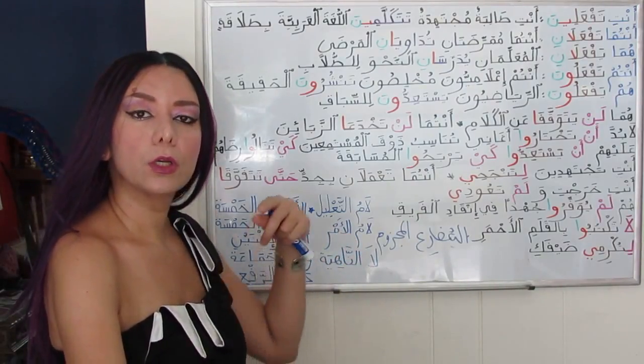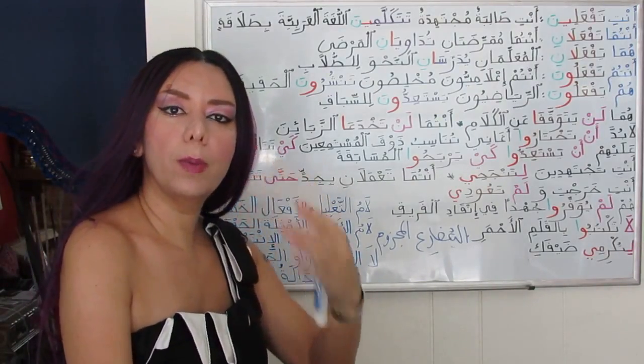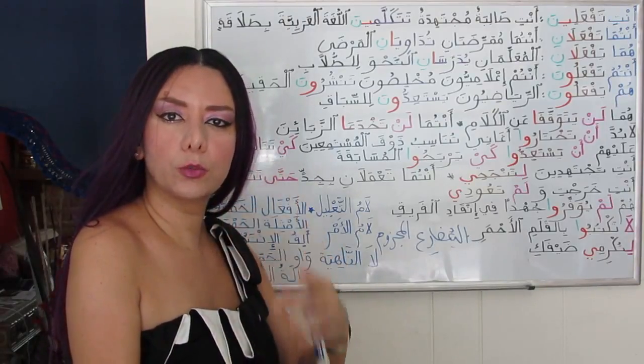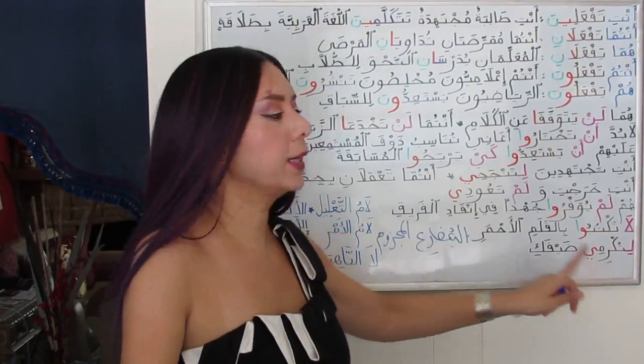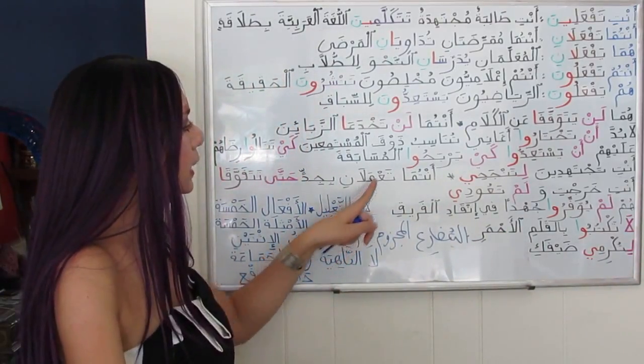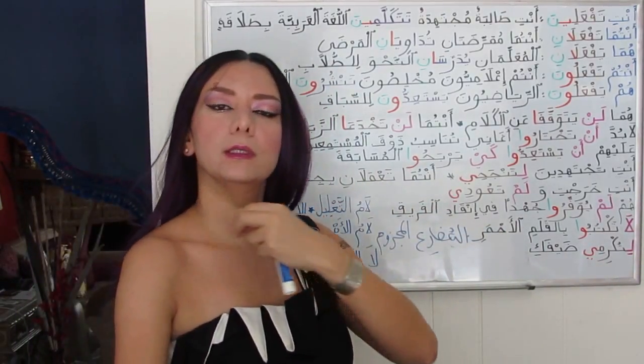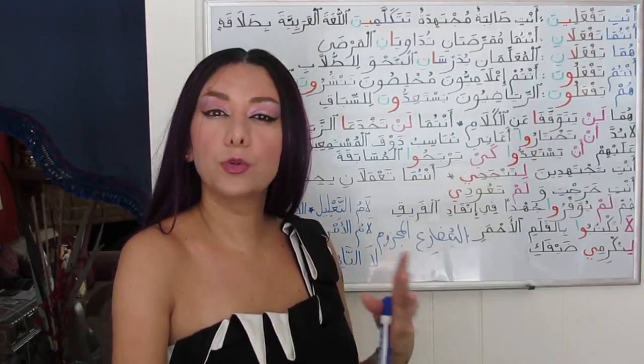With this lam you command a person or people to make something, and it comes with a kasra also as the other lam لام التعليل, but with different purposes. There are too many lams.